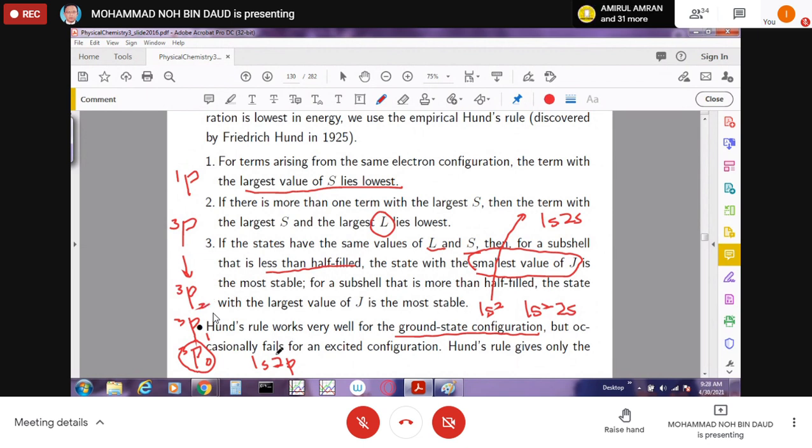Because this is an excited electronic configuration, the rule sometimes fails to explain the energy order of P2, P1, and P0.